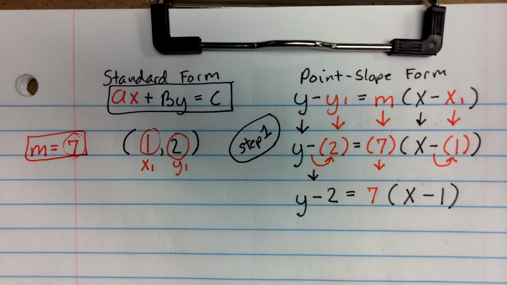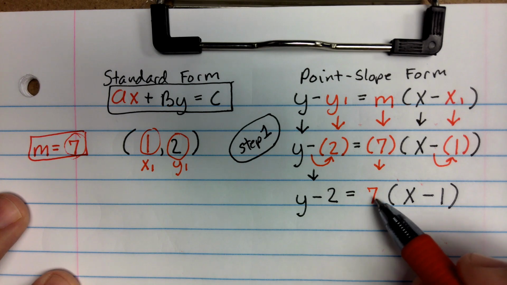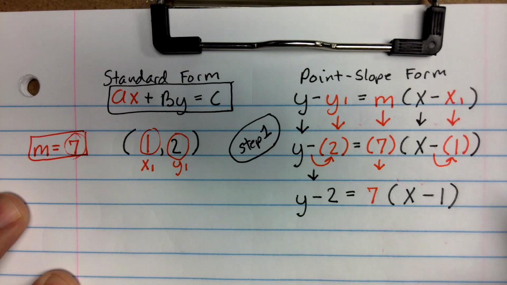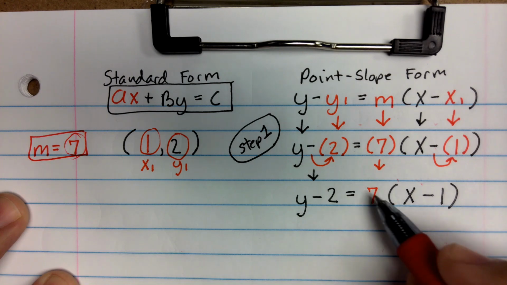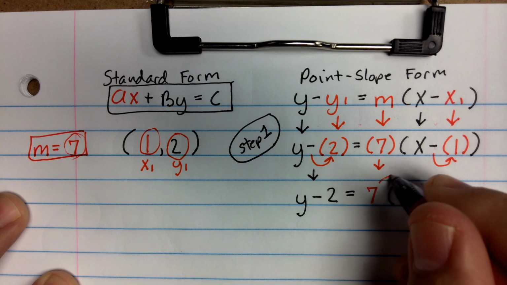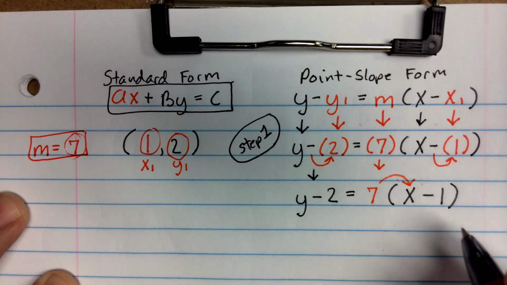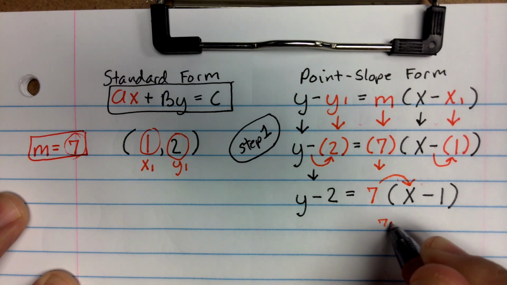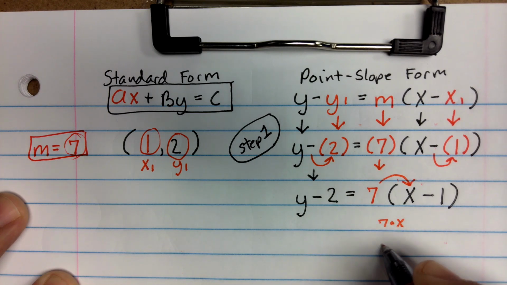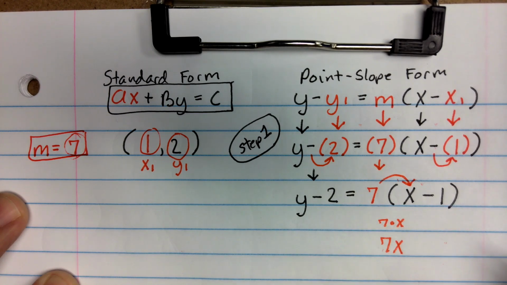Now I'm almost done. The next thing I want to do is distribute this 7 to both terms that are inside of these parentheses, because it's outside of the parentheses, which means it's supposed to multiply to each one of those terms. So I'm going to take 7 and multiply it to x. And just to show you what I mean, I'm taking 7 and saying, okay, 7 times x, which just gives me 7x.